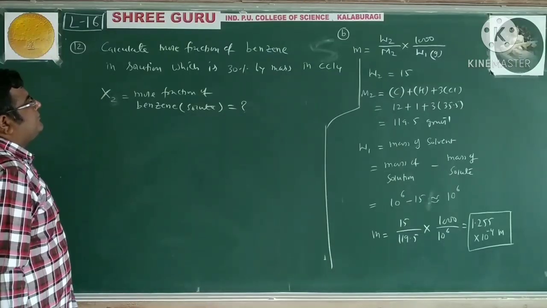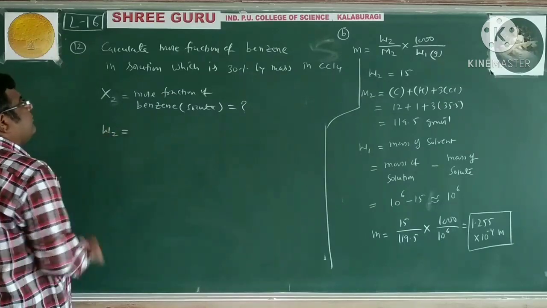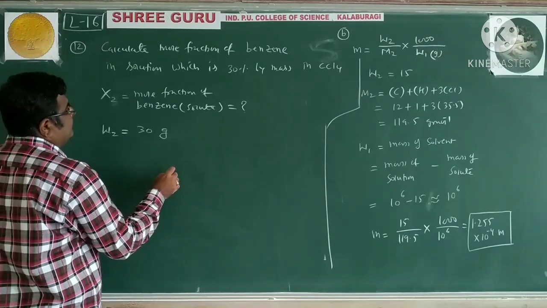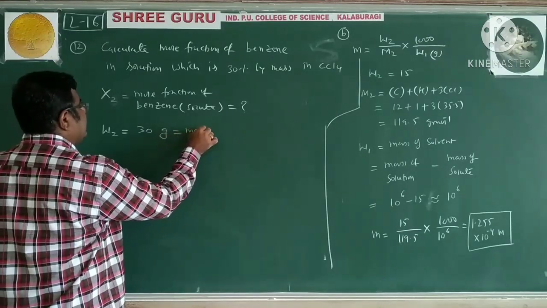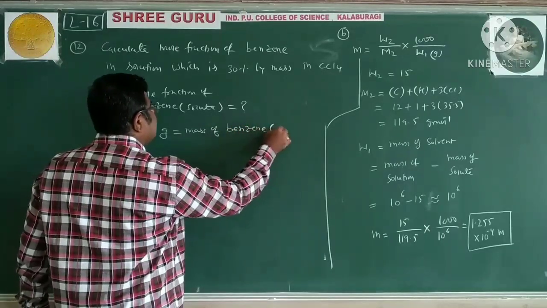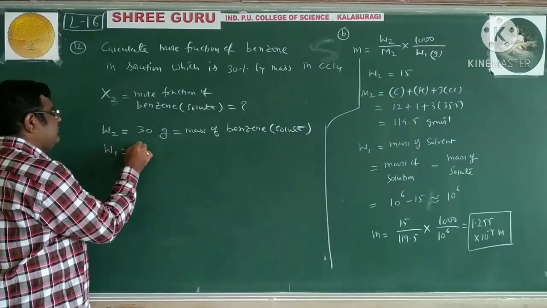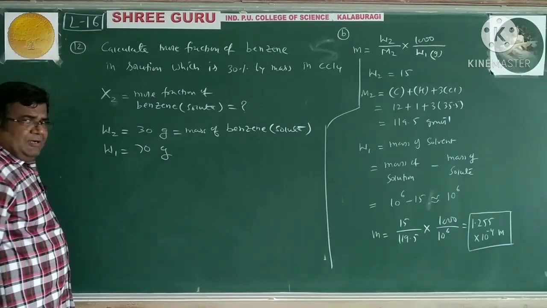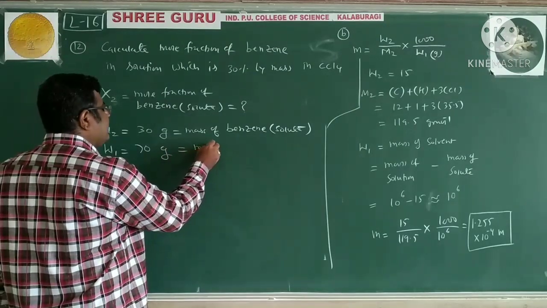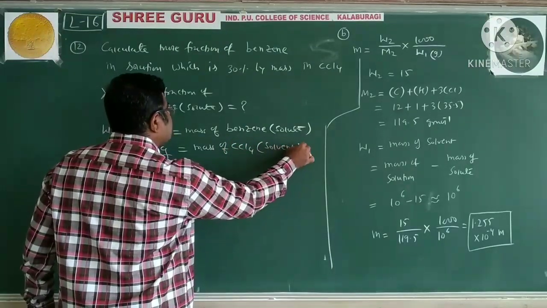And what are they given? Mass of benzene is 30 gram, which is solute. So what will be W1? Remaining out of 100 gram, this 70 gram is the mass of carbon tetrachloride, which is solvent.